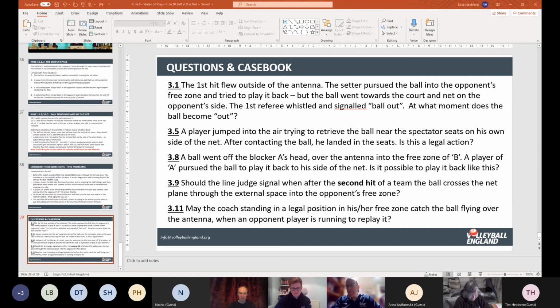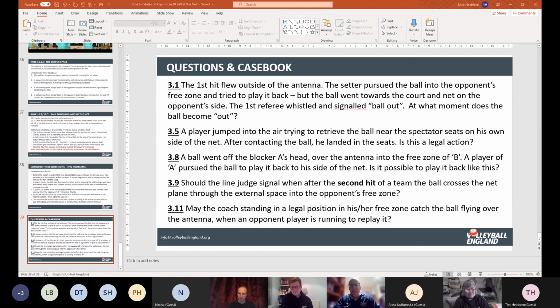Yeah, so this is the same. It's the same instance for anything, like a player twisting their ankle or falling over or clattering into something. If you think there's any reason that the court is not safe, you stop play.